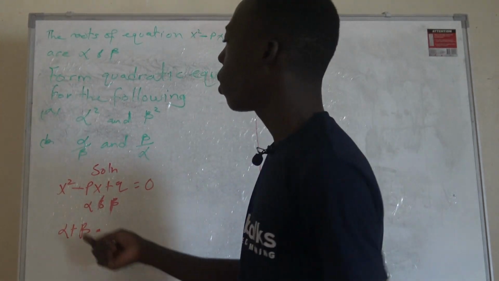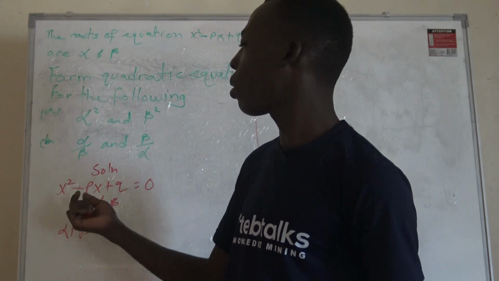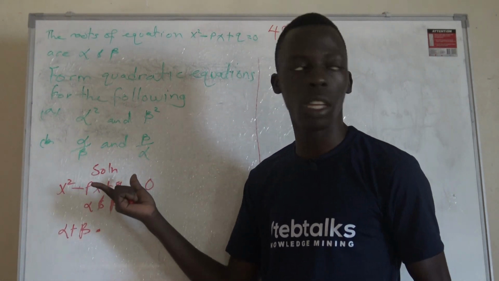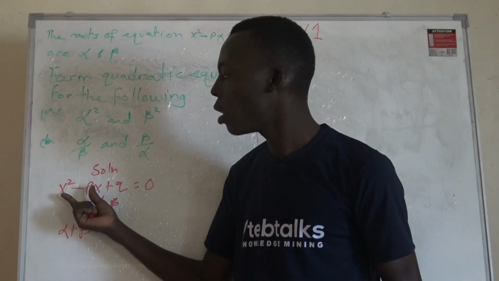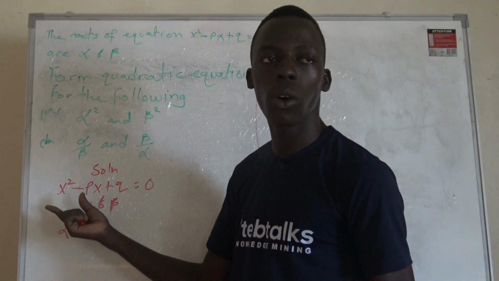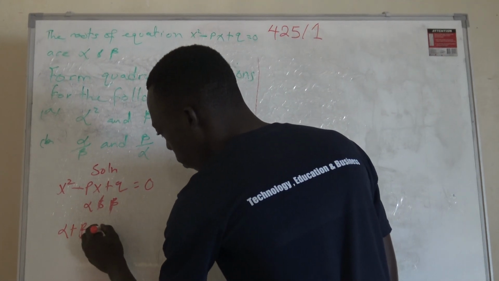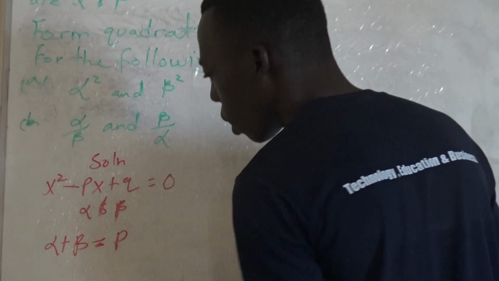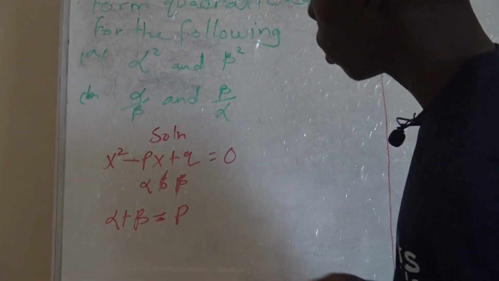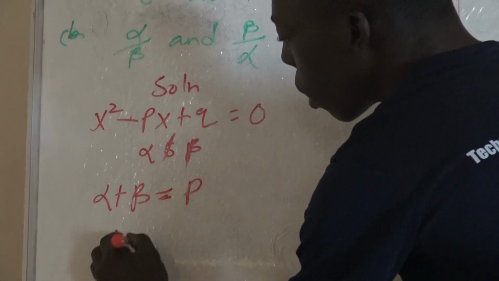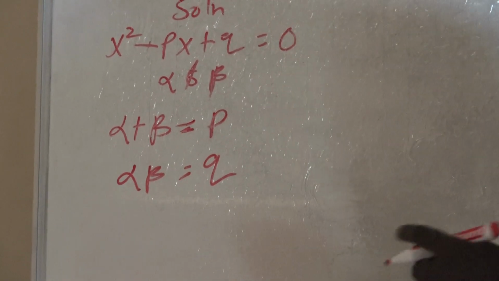In the equation the sum is given as a negative, so when we are writing it, we write it as a positive. So alpha plus beta equals p. Also alpha beta is the same as aq.